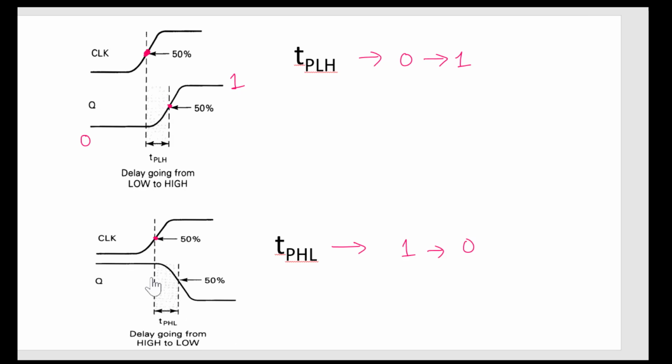Again at 50%, this is the time period, this is the time it is taking for your Q output to move from 1 to 0. This is the propagation delay moving your output from high to low, and this is the propagation delay moving from low to high.